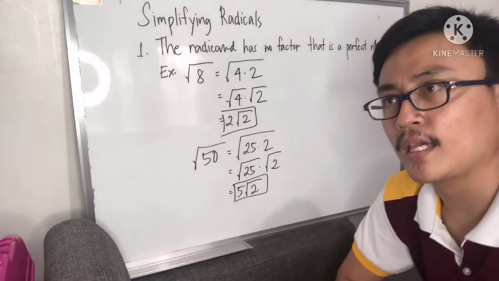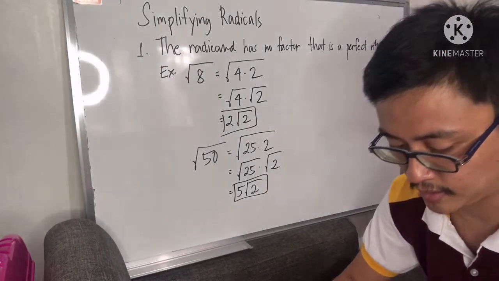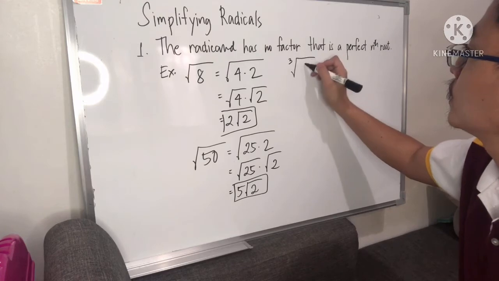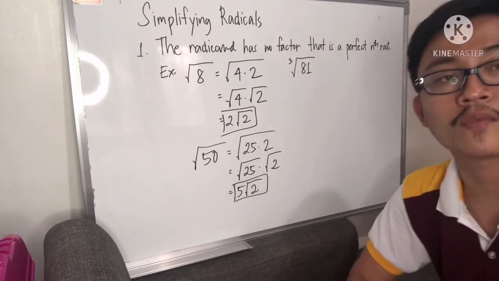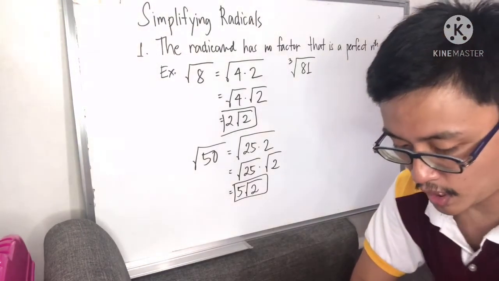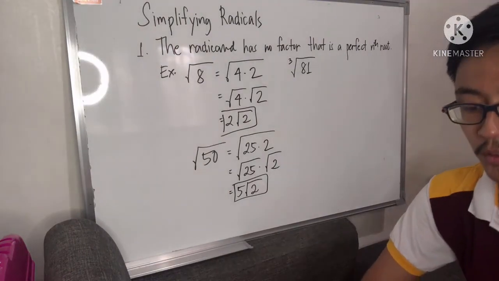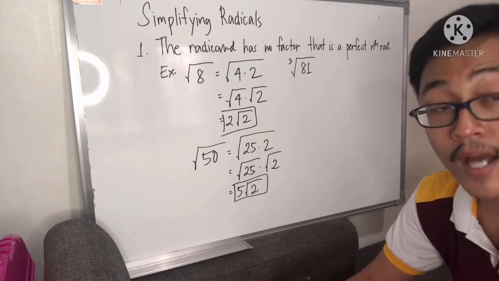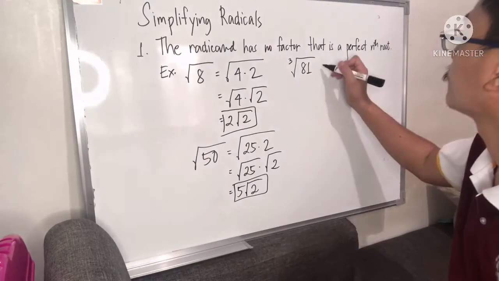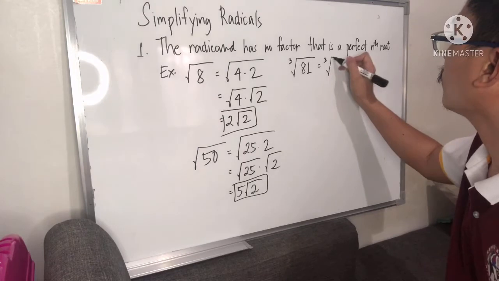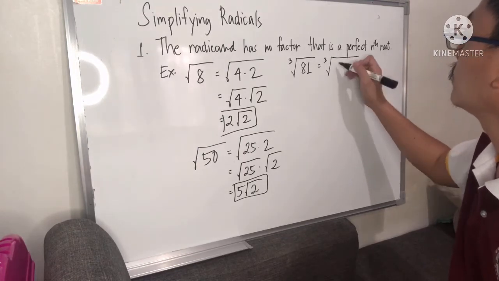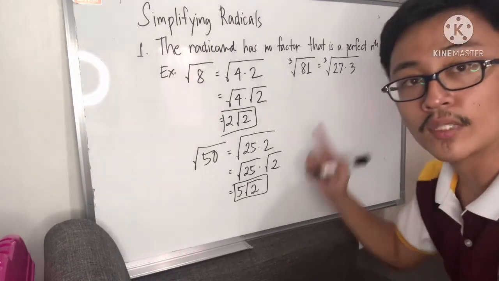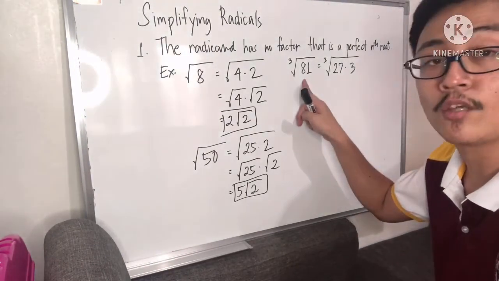Now, let us try other index. Let's say cube root of 81. So, hindi rin siya perfect cube number. So, meron siyang factors na merong perfect cube. That is the cube root of 27 times 3, kasi 27 times 3 is 81.